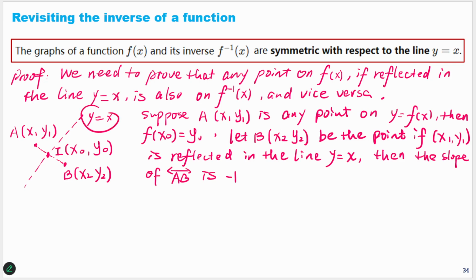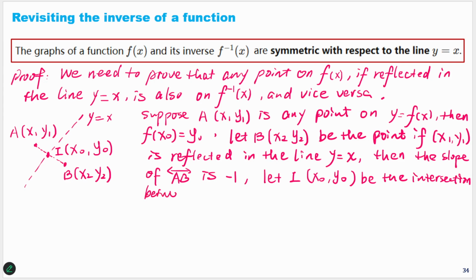Because this line has slope 1, a line perpendicular to this line must have a slope of -1, right? Again, we can let I (x0, y0) be the intersection point between y equals x and line AB.